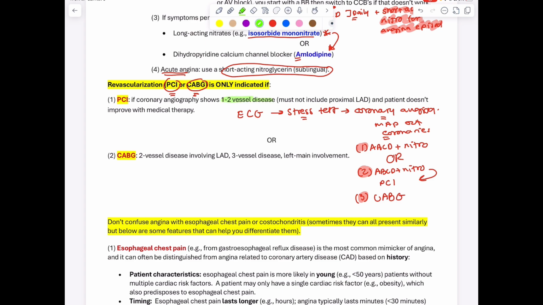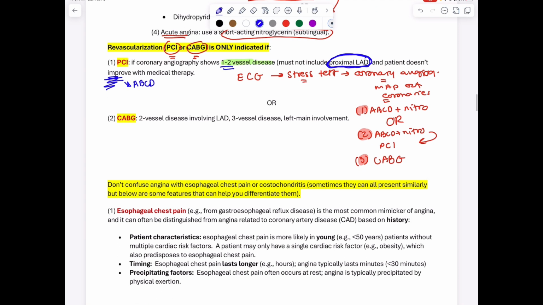So only 1 or 2 of the coronary arteries have occlusion, but this 1 or 2 vessels cannot be proximal LAD, okay? Because this is a major artery, this cannot be included. So any other 1 or 2, or the patient doesn't improve with therapy, the ABCD. If you have this or this, you do a PCI.